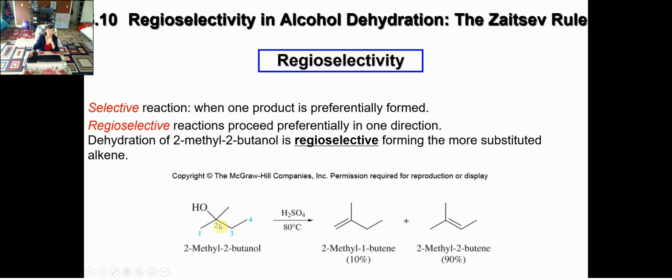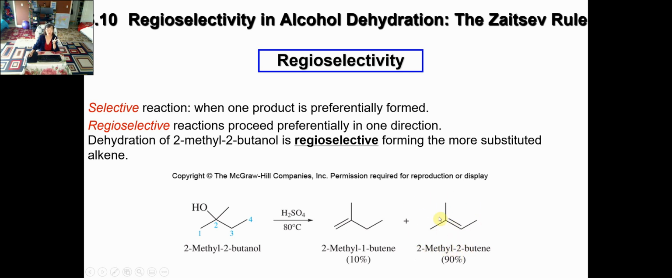So if the hydrogen bonded with carbon 3, this beta carbon, which is secondary, and the OH are going to be removed, you form 2-methyl 2-butene.